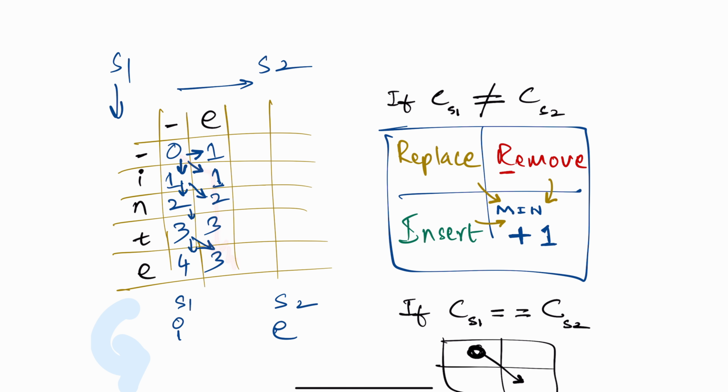Instead of that, what I can do is follow this other path. So what I'm going to do: delete I, delete N as the second operation, delete T as the third operation, keep E as it is. So within the third operation, I'm going to convert the text INTE into E. If I replace I with E, it will be 4 operations.